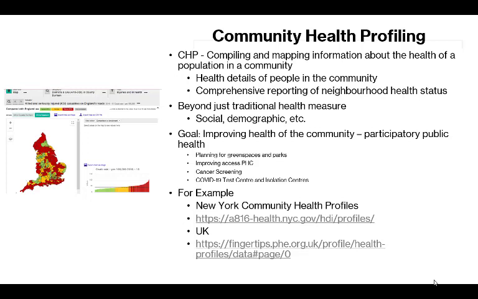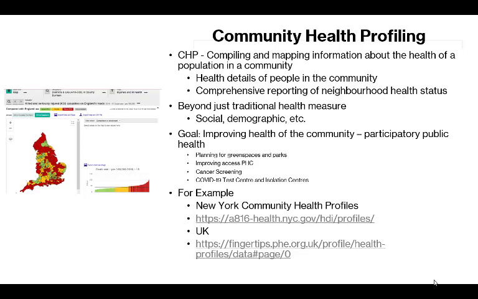So, a community health profile (CHP) has to do with compiling and mapping information about the health of a population in a community. So, go beyond just talking about their health in terms of ailments, diseases, and things like that. It is much more comprehensive about the status of the general well-being of the population.